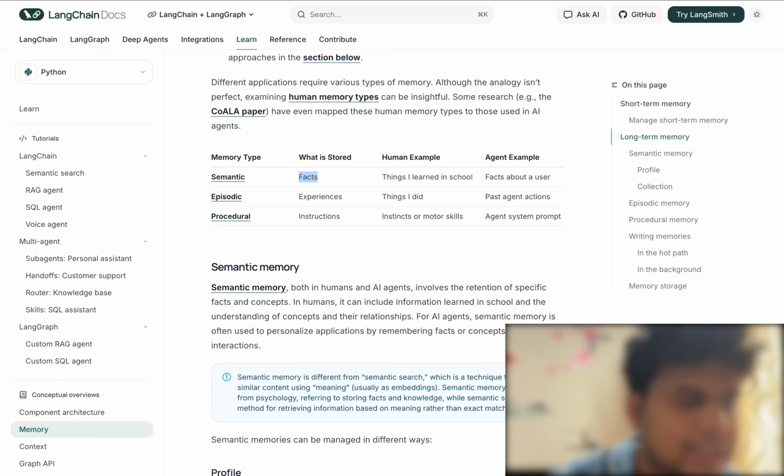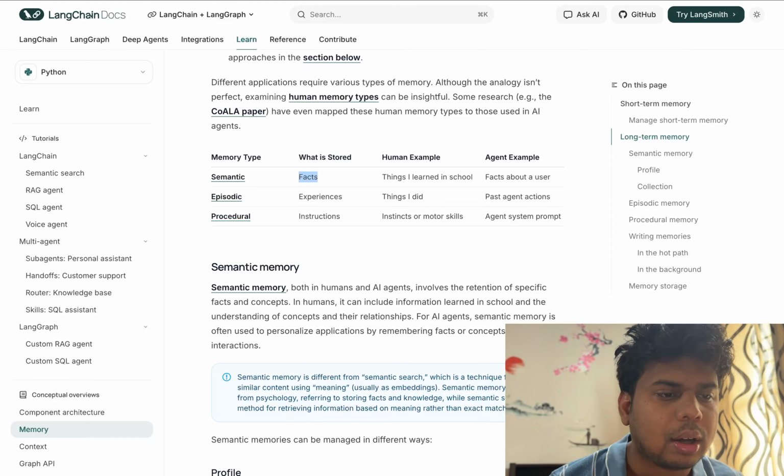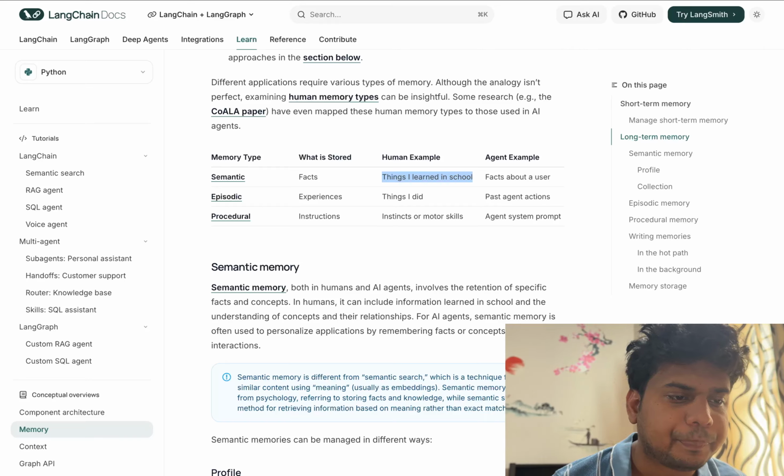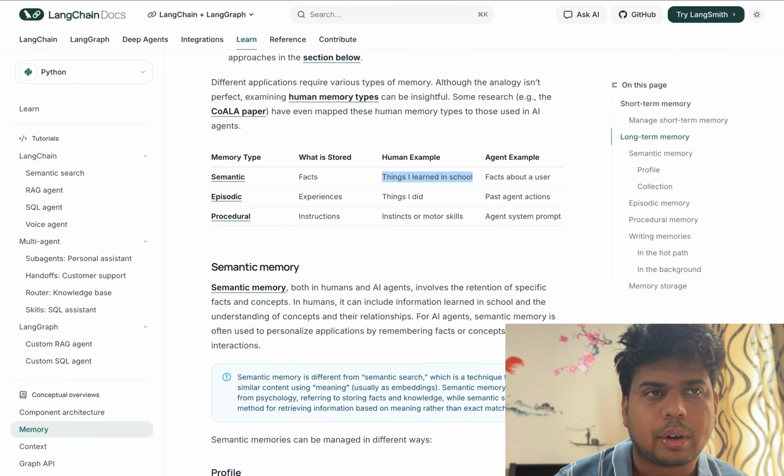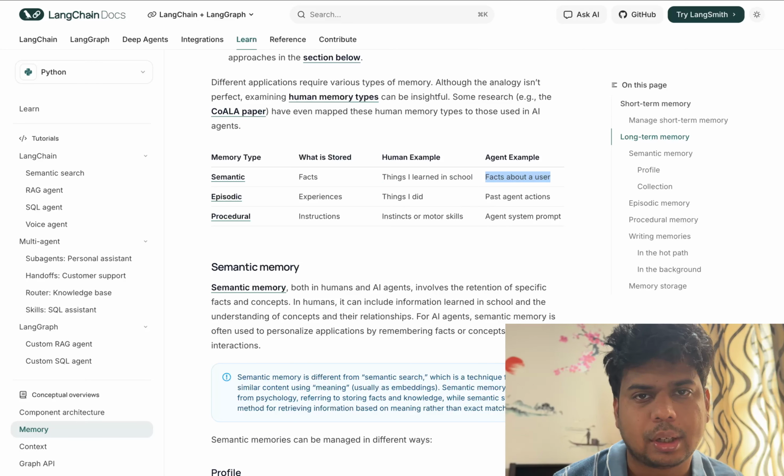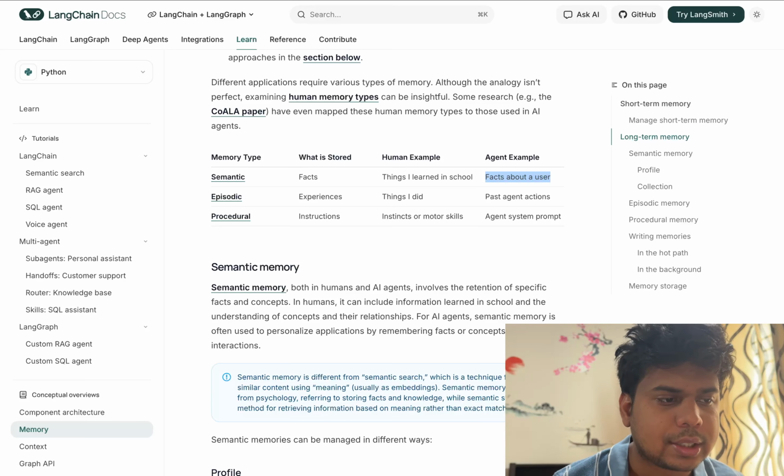From a human point of view, it can be things I learned in school, like algebra or history, whatever you learned in school. From an agent perspective, it could be facts about the user: user likes red color, user likes to go to Switzerland for vacation, or user lives in Bangalore. All these facts you can store as part of semantic memory.